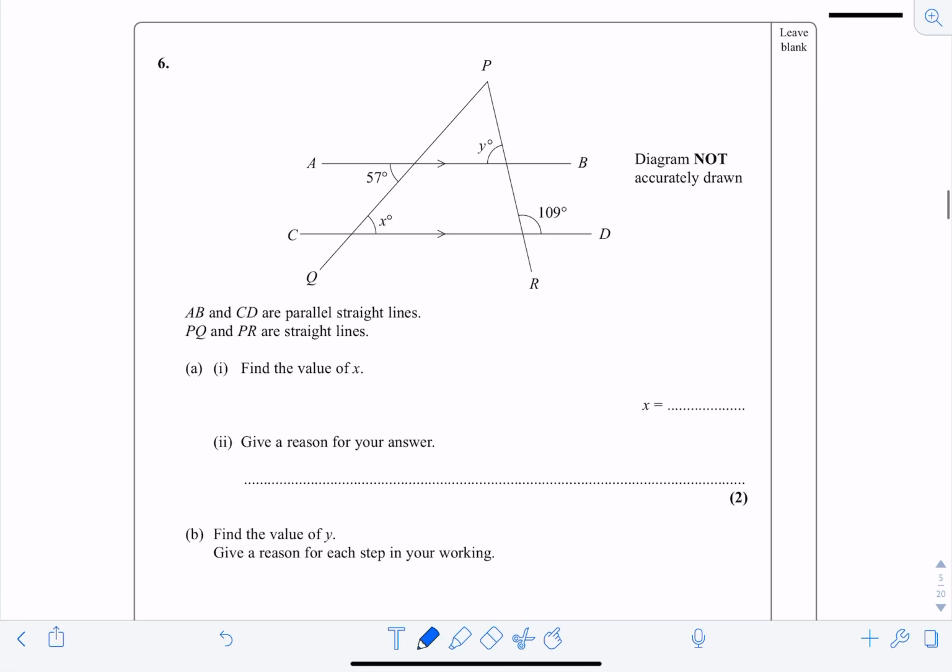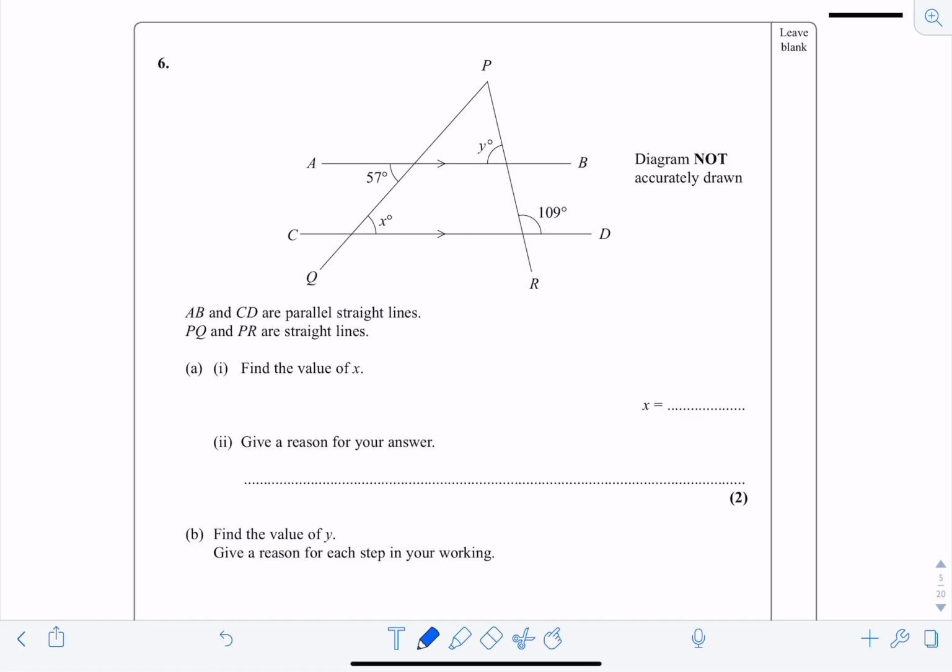Right, next question. A, B, C, D are parallel straight lines. PQ and PR are straight lines. Find the value of x. This is just testing your understanding and whether you can remember what different angles are.